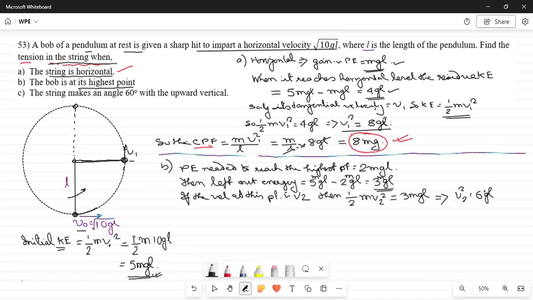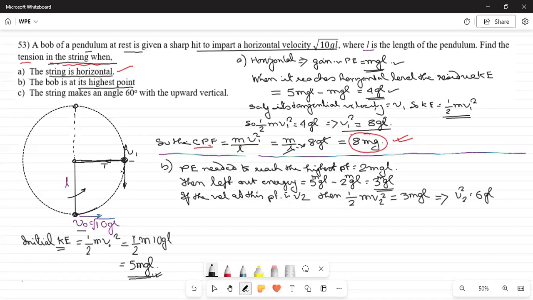Now, mind it, when the body was here, its downward force mg was working in this direction and tension T was in this direction. They were rectangular to each other.